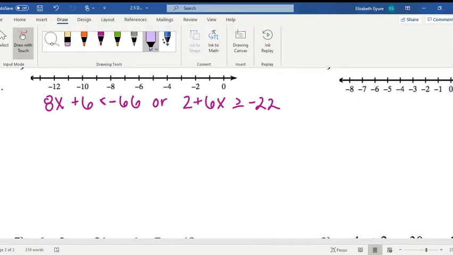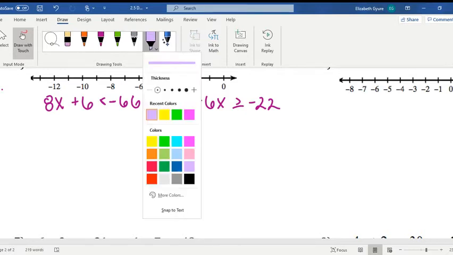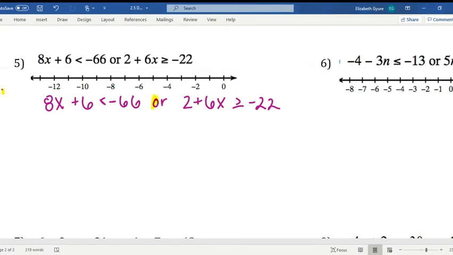This one is an or, because we can actually see the word or written in it, right? Now, when it's an or, it's separated. It's like two separate inequalities. So what we have to do on these is solve the inequality on the left all the way, then solve the inequality on the right all the way, and then just make sure you put or in the middle.